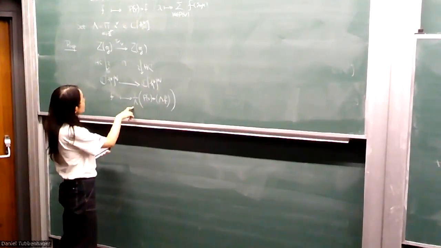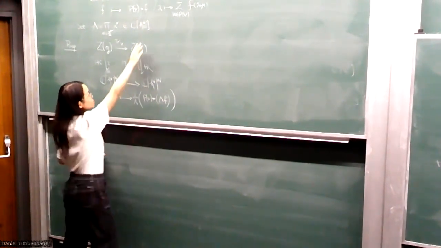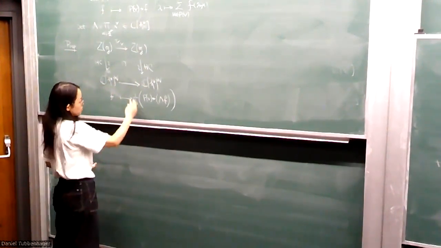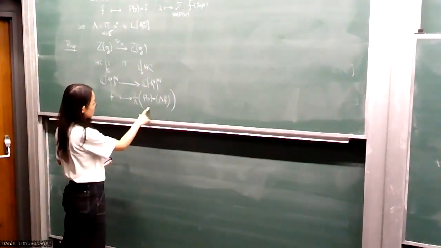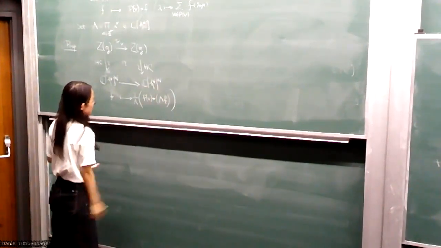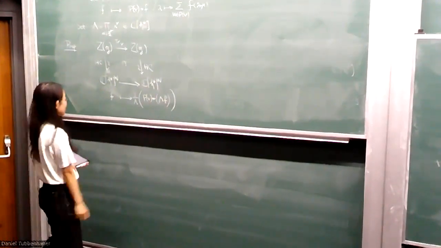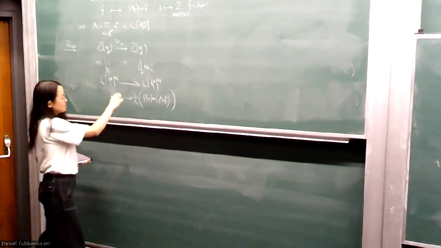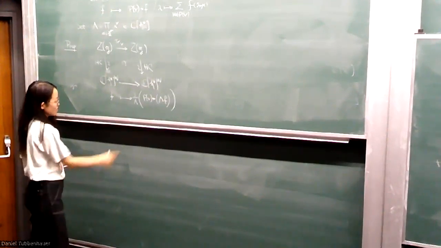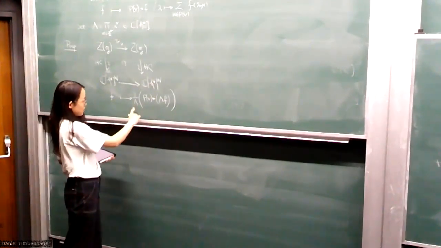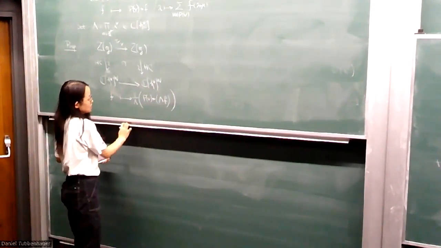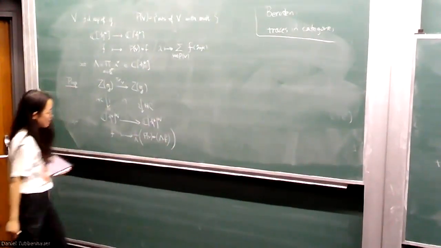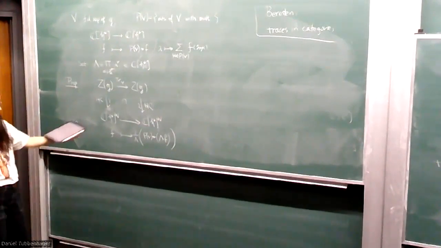So Lambda is the generator of the sign part in the invariants. Anyway, I'm just trying to say this is what we have, and this is the result.